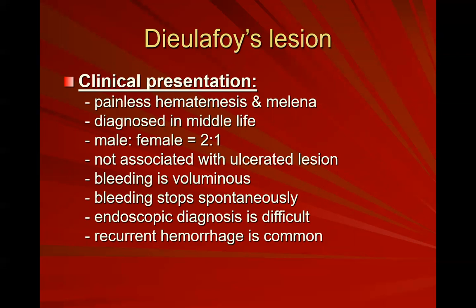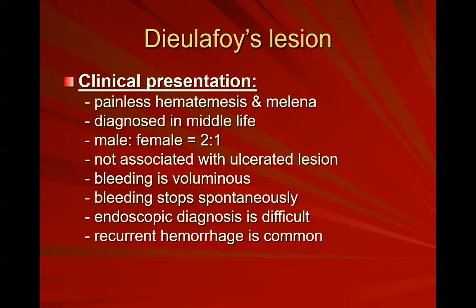And why is that? Since it's in the lesser curvature, it would be branches of the left gastric artery. And since we're talking about larger arteries, they can heal and stop the bleeding quickly because they have a muscular wall.